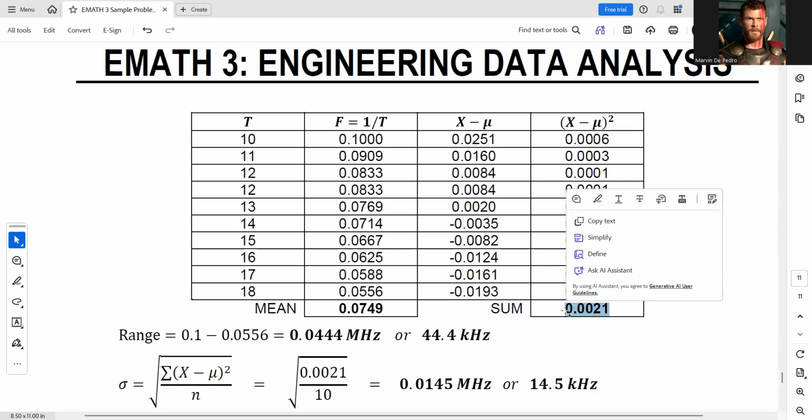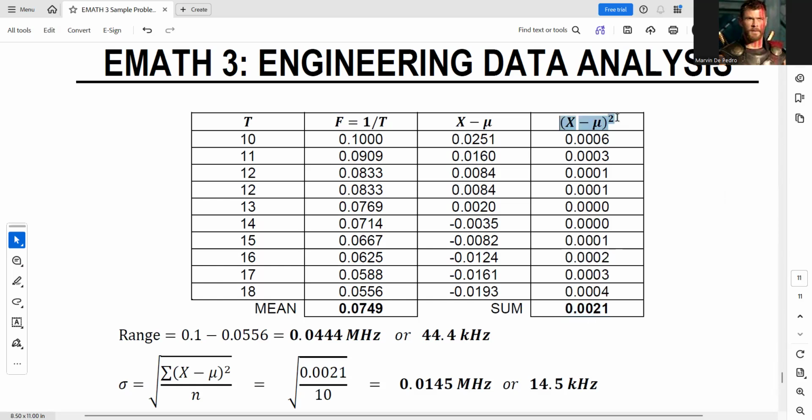So by the way, 4 decimal places is the minimum usually in statistical computations. Especially in standard deviation, you should have at least 4 decimal places. Okay, so now we have this sum of all the x minus mu quantity squared.